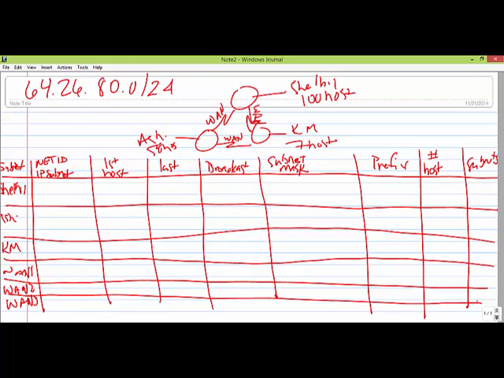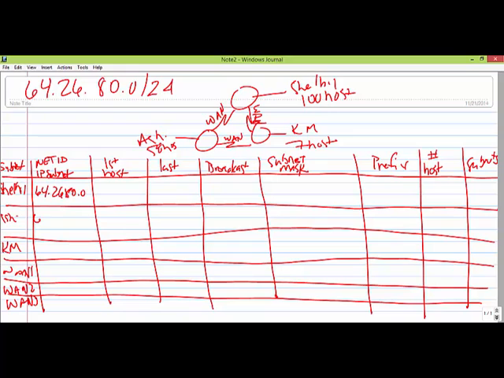So let's subnet this out. Shelby is going to begin with 64.26.80.0. I need 100 hosts. Those are 100 usable hosts. So in order to subnet this out, I look at my magic number chart that I created. The magic number I'm going to need is 128.